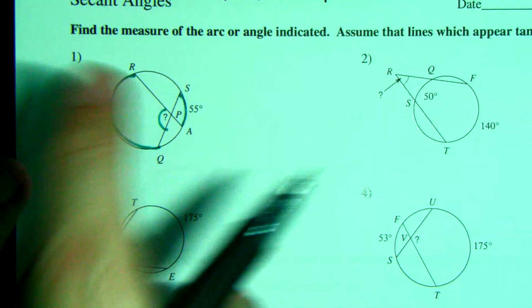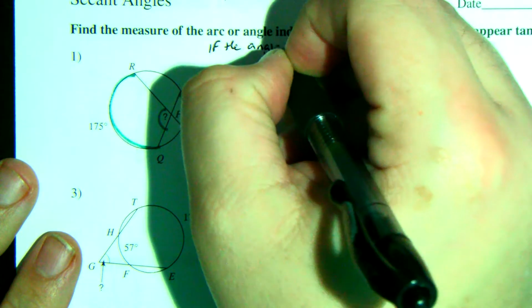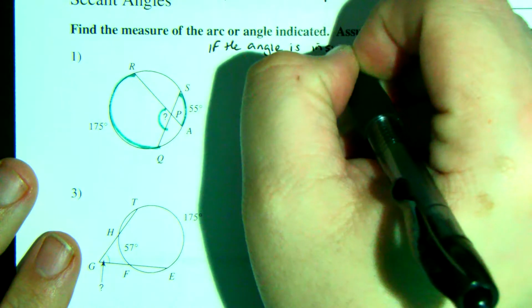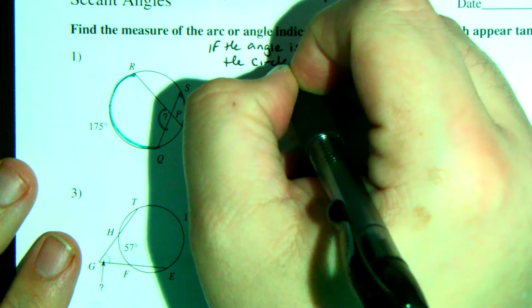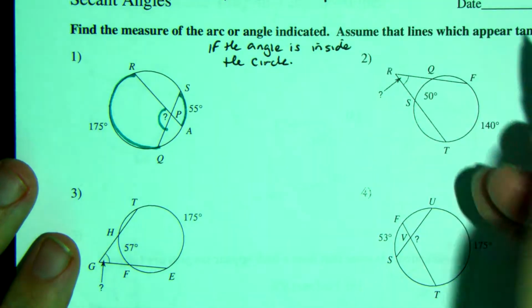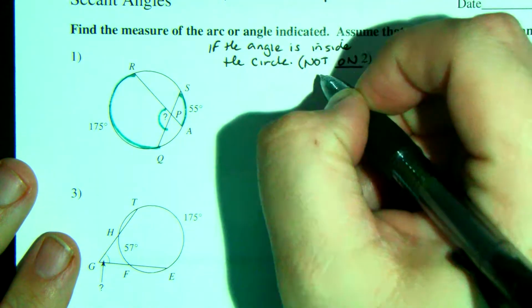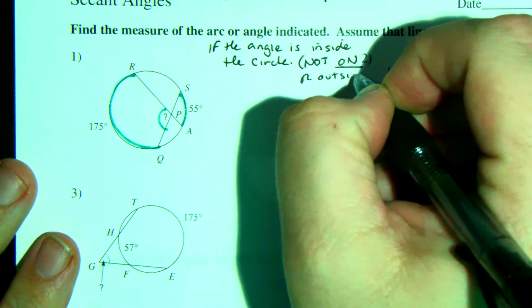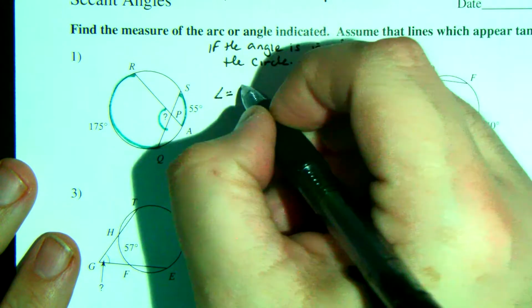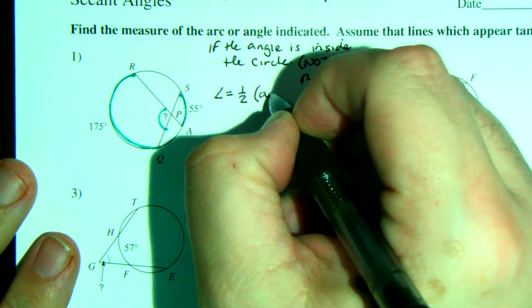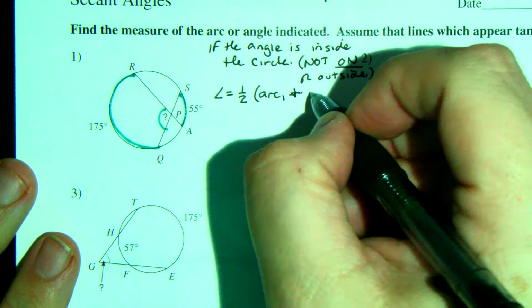And for this first kind, if the angle is inside the circle, and I'll say it's not on or outside, the angle measure is going to be equal to 1/2 arc 1 plus, this is the only one where you're going to add, plus arc 2.